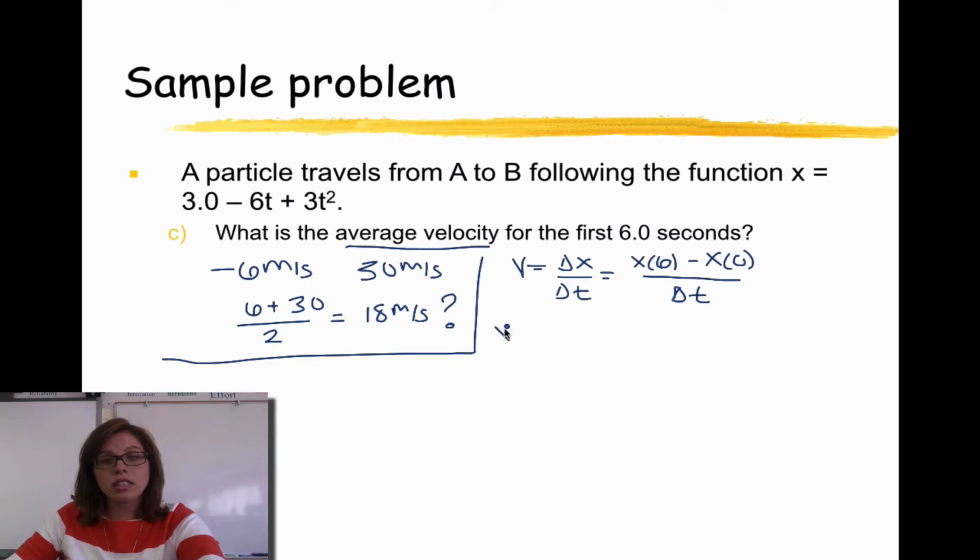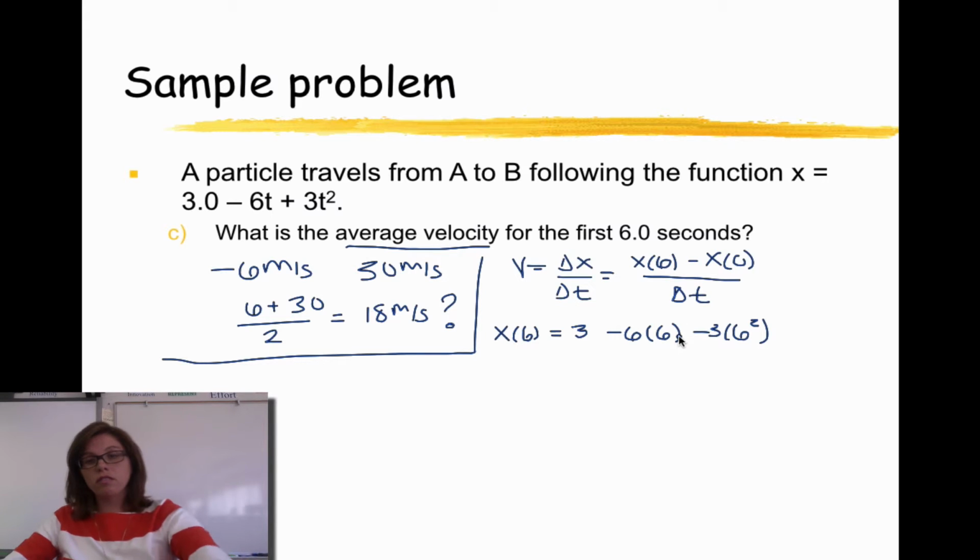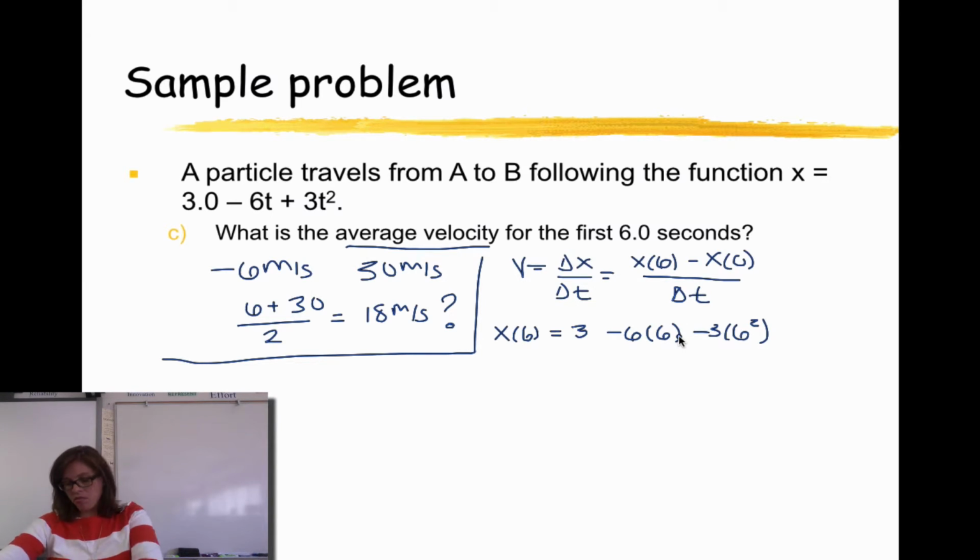So for the position at 6 seconds, I'll try and do this without a calculator. Let's see, 3 minus 6 times 6 minus 3 times 6 squared, 36. I want a calculator. Ooh, got a calculator.